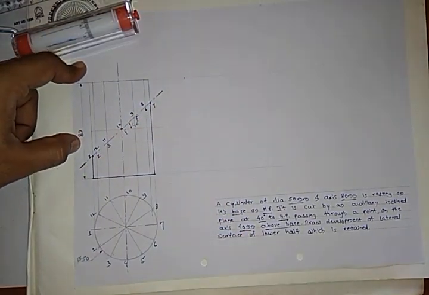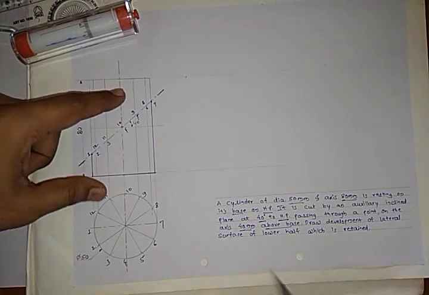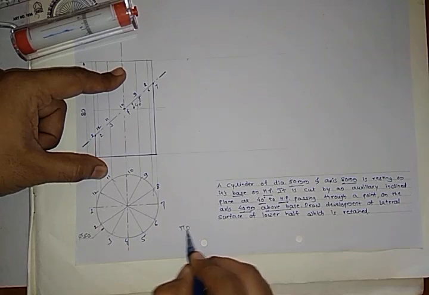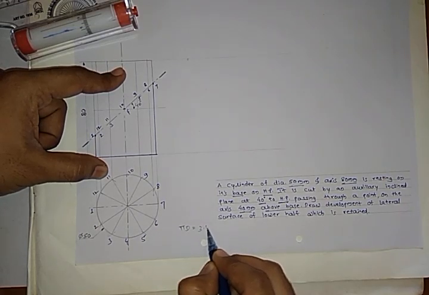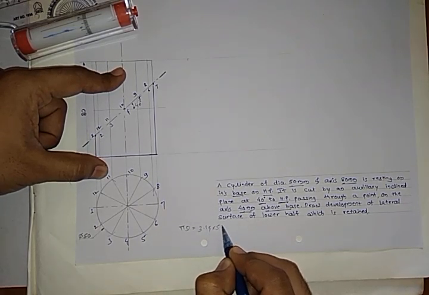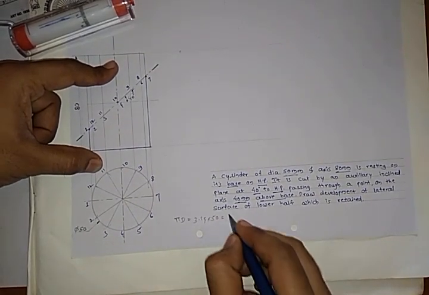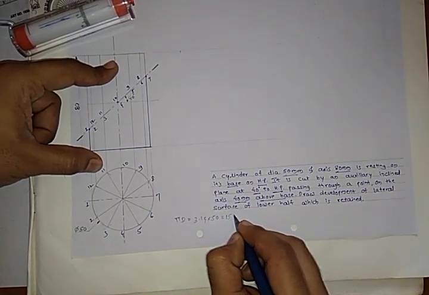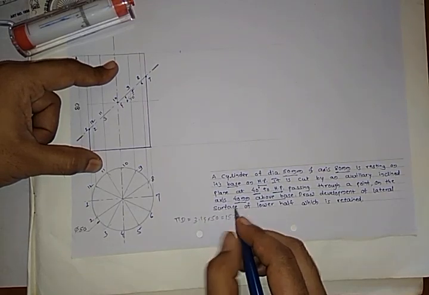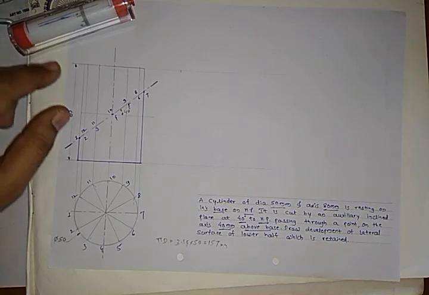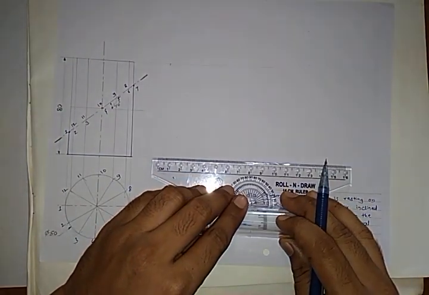Right. Now the distance pi d we need to find out. So 3.14 multiplied by 50 mm gives, I think, 157 mm, near about 157 mm. Okay, now you need to mark that rectangle.